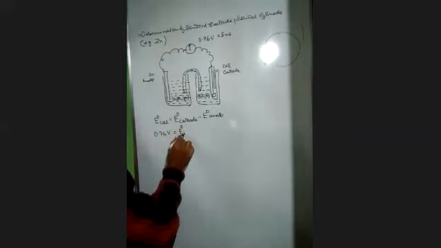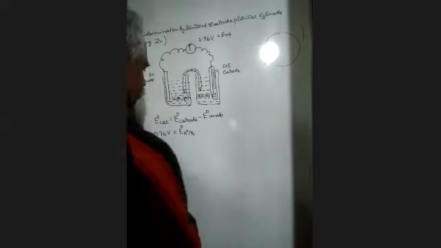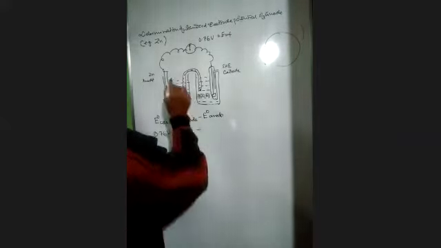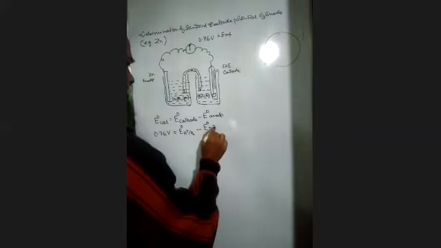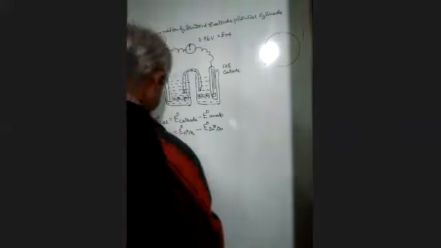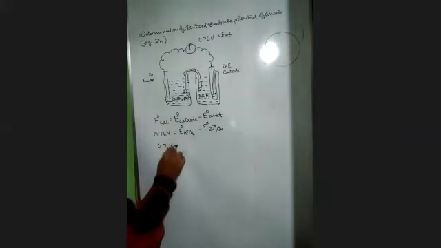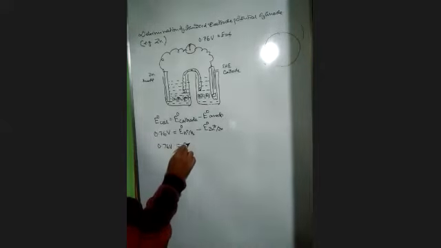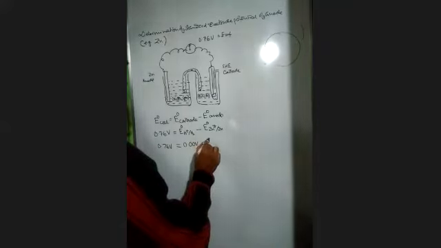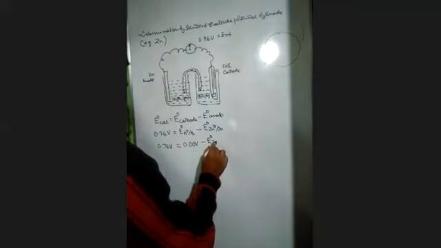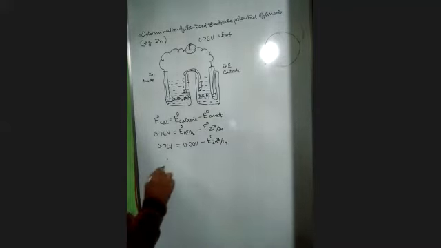So E0 H plus H2. What is the anode? Zn2 plus Zn. So now we know the value of this is 0.00 volt. This is E0 Zn2 plus Zn.